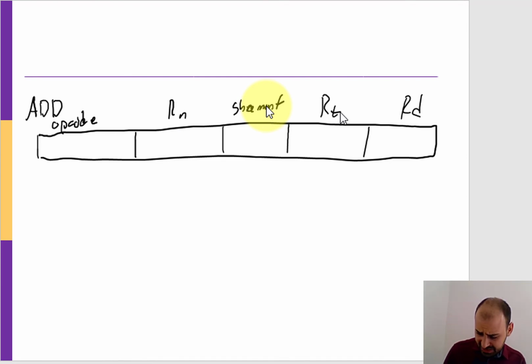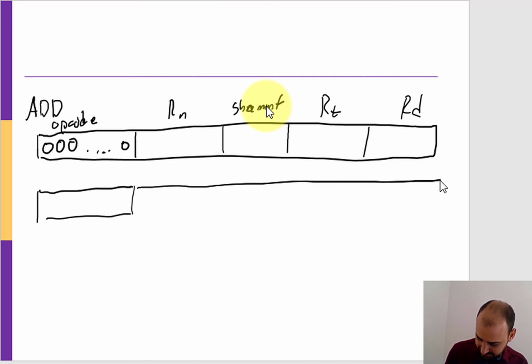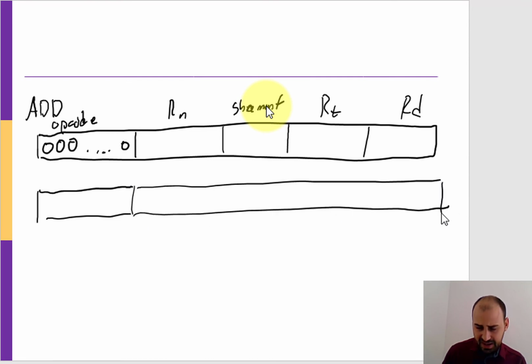What we did is we zeroed out all the opcode. We then defined a new opcode. We took the OR opcode, which is 550 in hex.